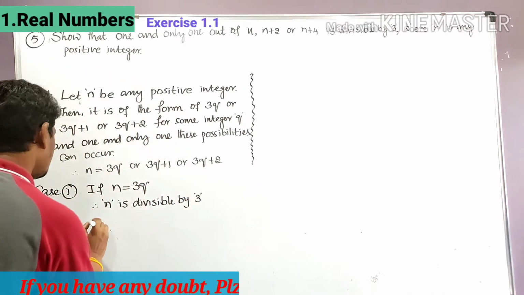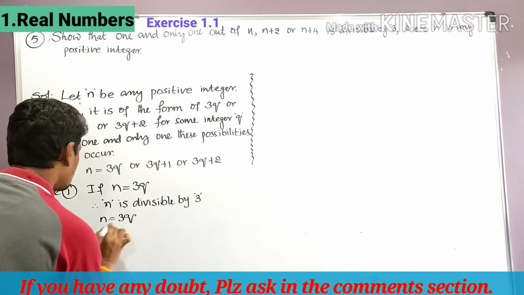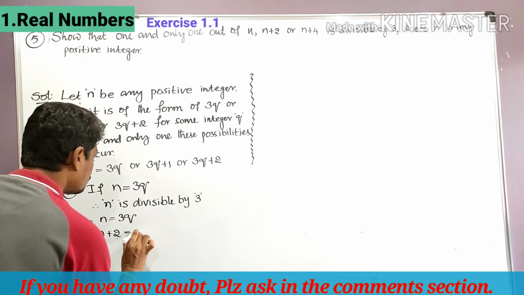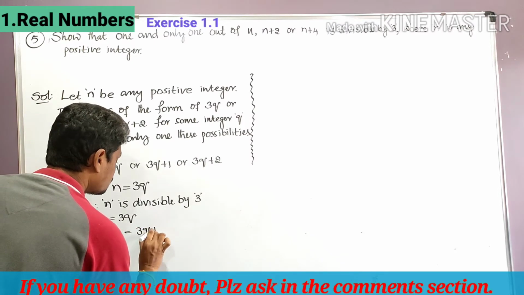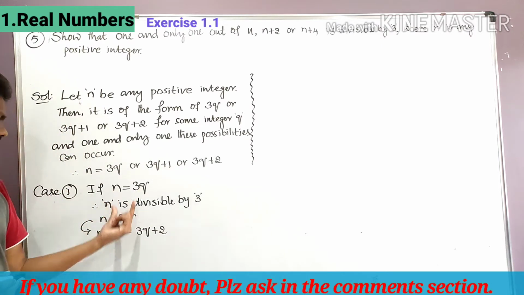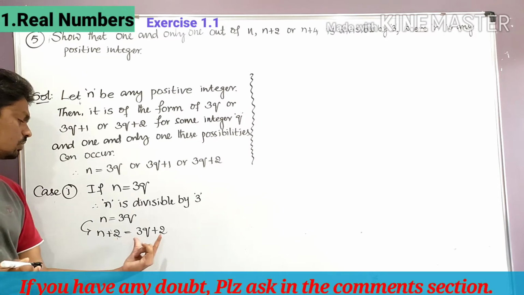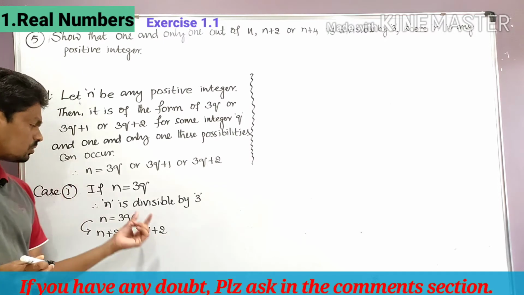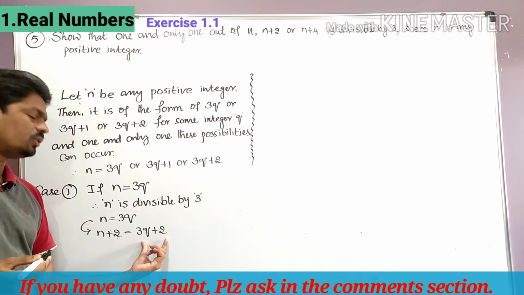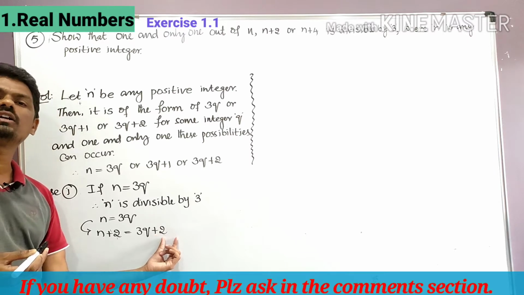In the same way, if n is equal to 3q, we add 2 on both sides. What do we get? n plus 2 is equal to 3q plus 2. Only 3q is divisible by 3, but if you divide 3q plus 2 by 3, we get a remainder 2.